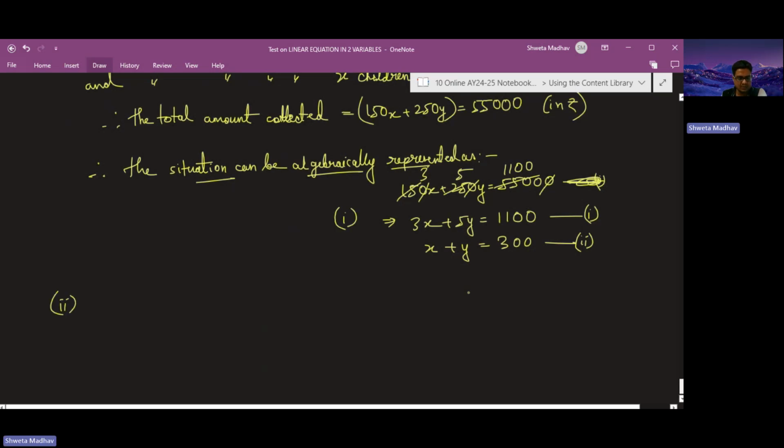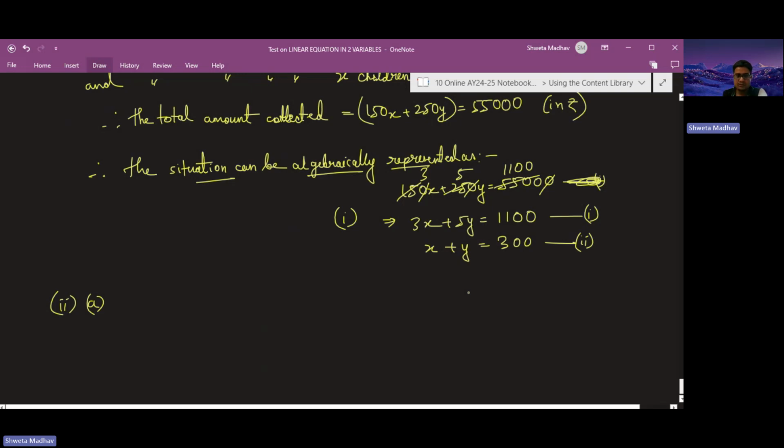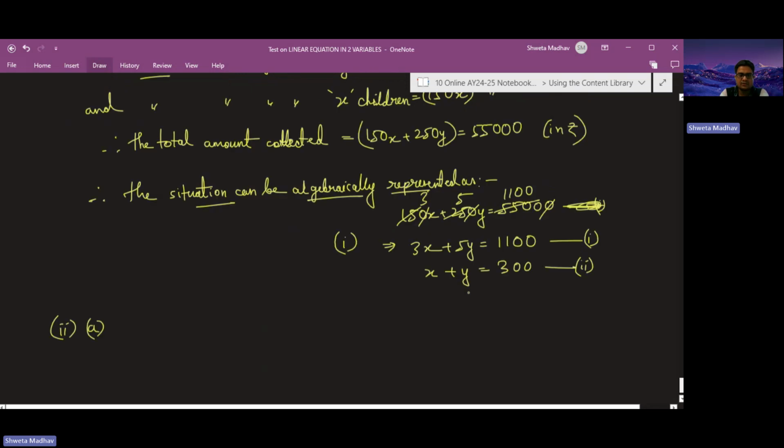In part 2A, it asks how many children visited the amusement park that day. If we solve for X, then X is the number of children that visited.